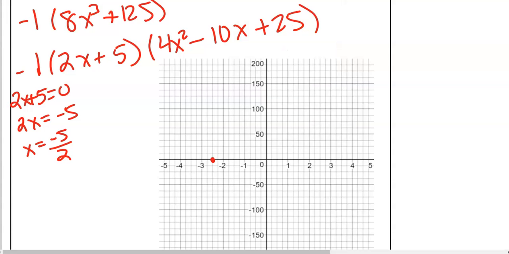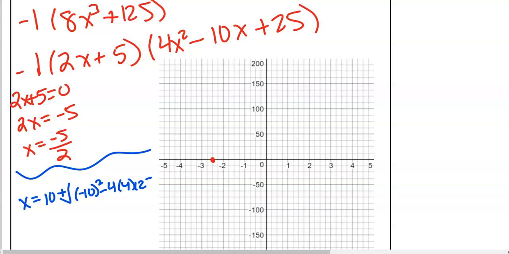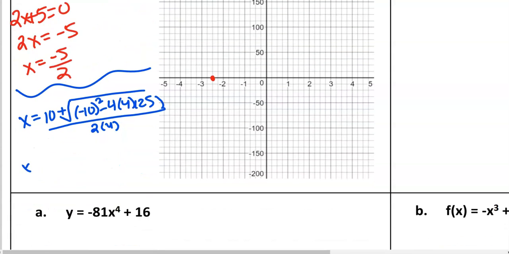All right. So we have x equals negative b, so that becomes negative 10, plus or minus the square root of b squared minus 4 times a times c, all over 2a. All right. This becomes 100.